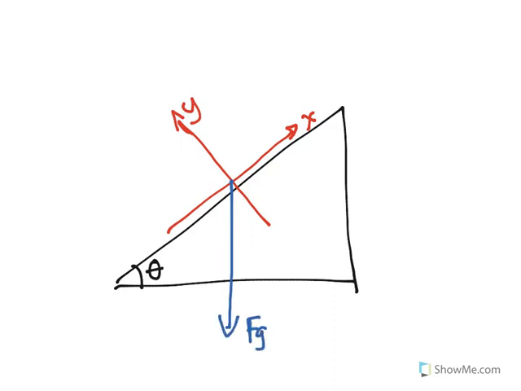That's the gravitational force, always towards the center of Earth, such that the angle from x to the vector is 90 minus theta. That's due to the fact that this is a right triangle. Here then, this angle must be theta.